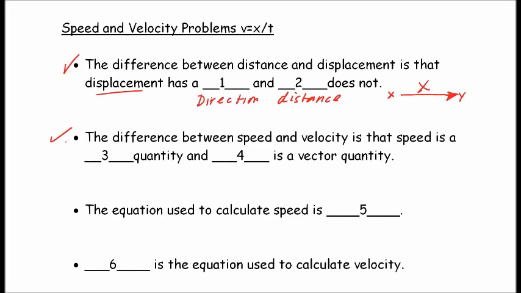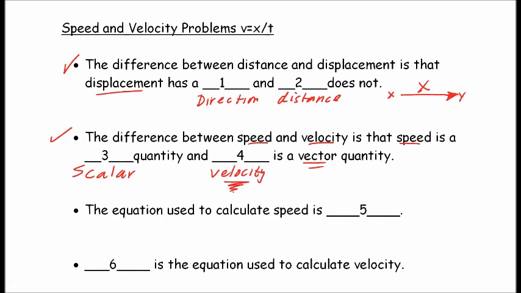So in the second problem down here, it says the difference between speed and velocity is that speed is a scalar quantity and velocity is a vector quantity. Very important concept. Why is velocity a vector quantity?